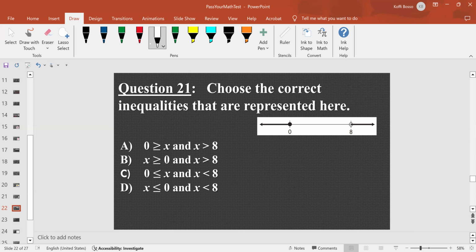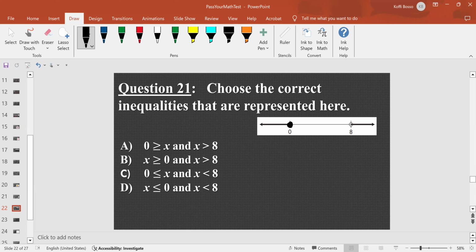Almost done. Question 21. Wow. So this is again a graph related to inequality. Choose the correct inequalities that are represented here. Understand that the black part represents the graph. So when they use a closed point or full point at 0, that means it's included.